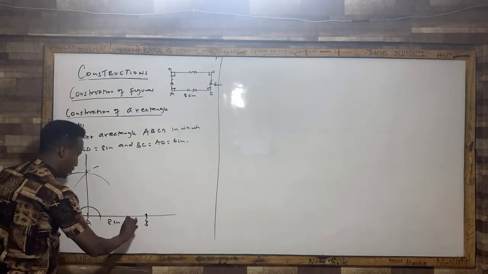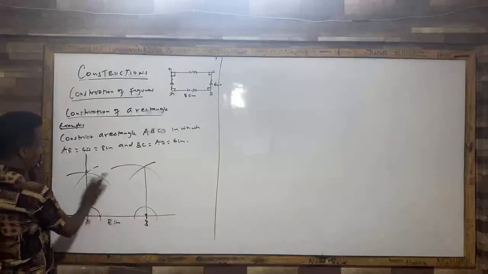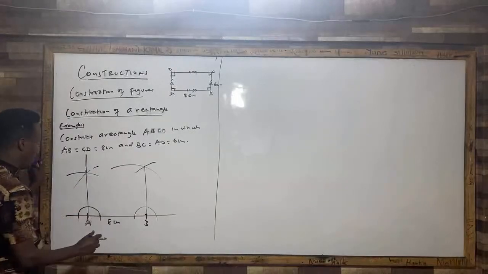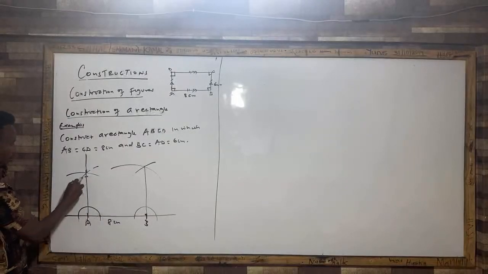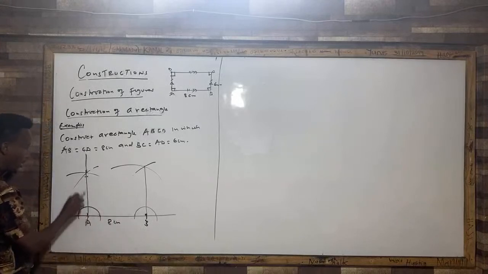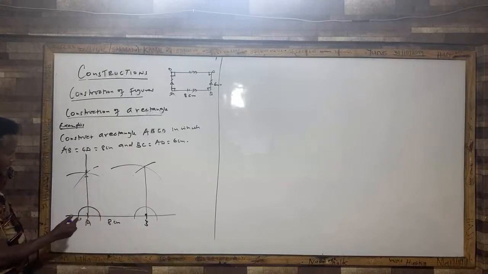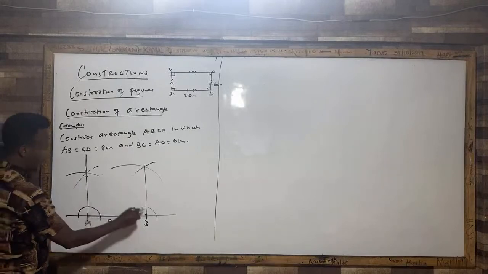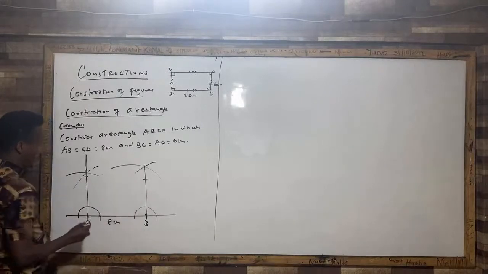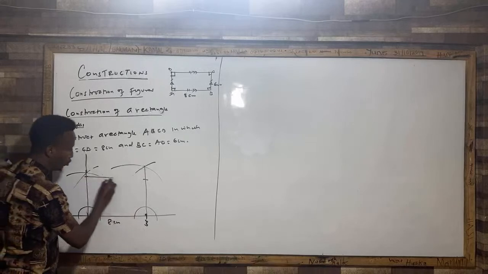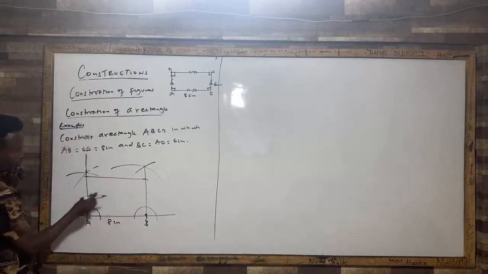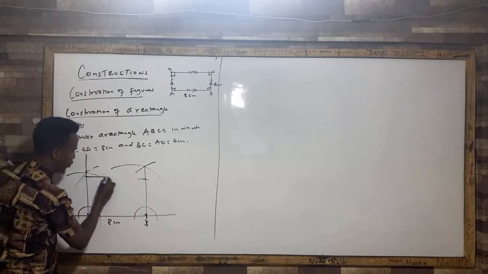Come here, the same. Draw an arc. Then measure 6 centimeter. Stand here and mark. Let's assume that this is 6, and this is also 6. So join these two points.